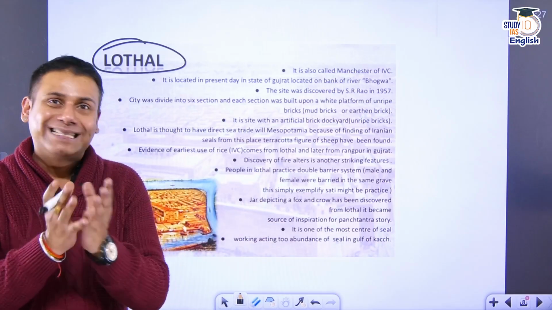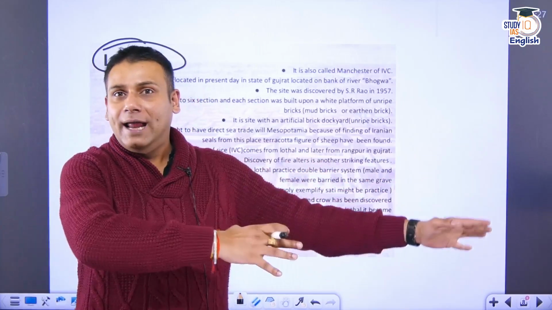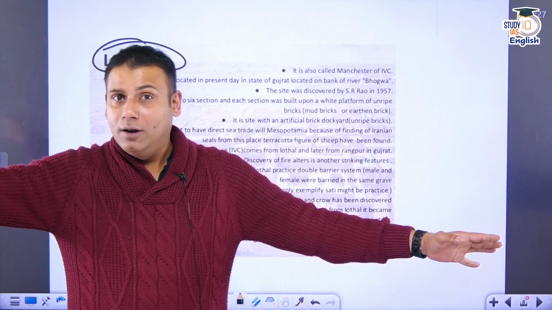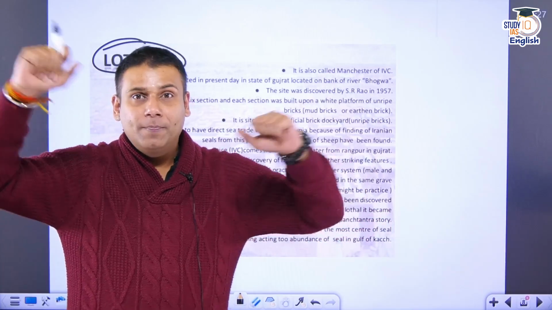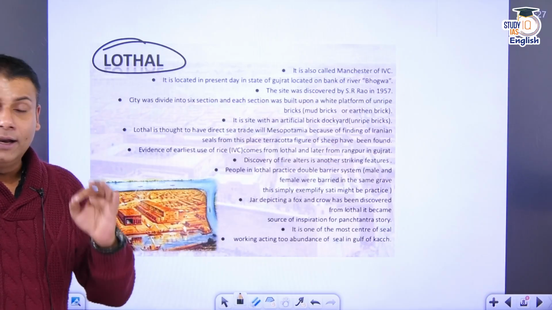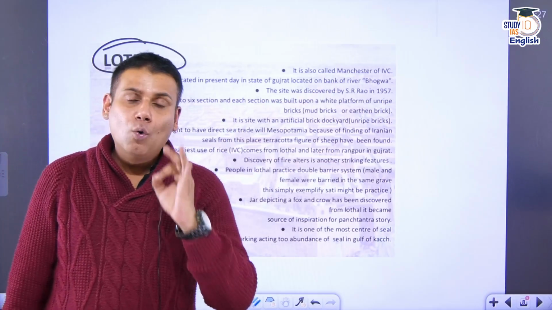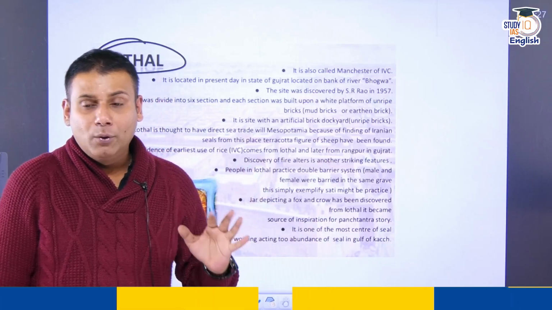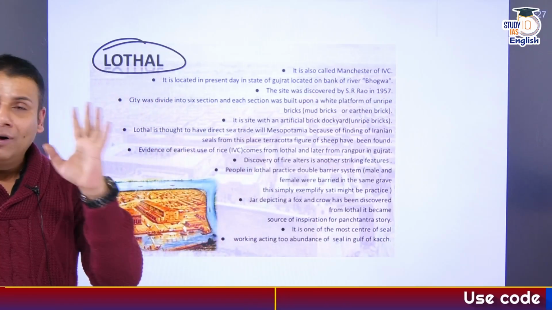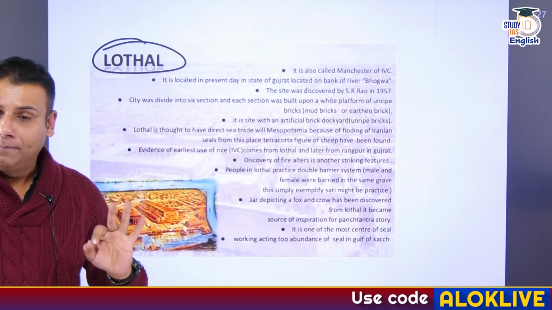And if it's a port site, it simply exemplifies that they might have had trading contacts with the other civilizations of the world. True? So, Lothal, another important site located in Gujarat. It is located on the banks of river Bhogwa. Okay, it was discovered by S.R. Rao around 1957. First artificial brick dockyard.